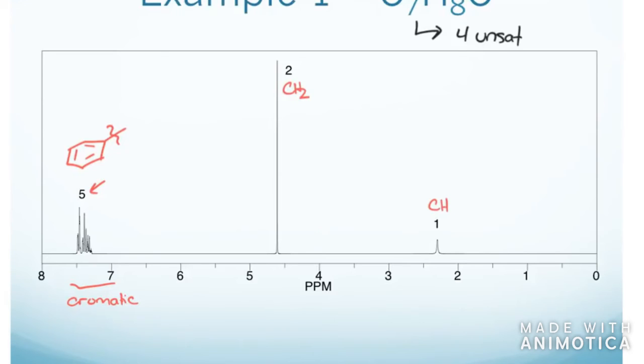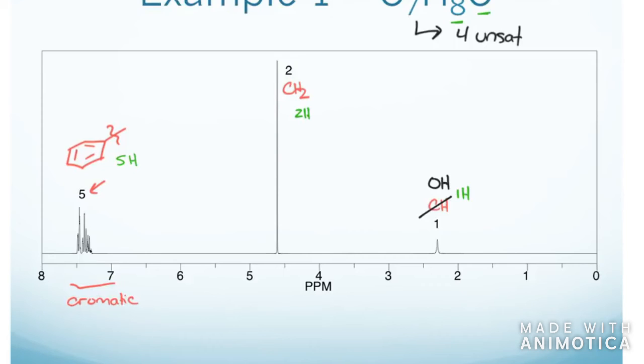Also, if we get our hydrogen count, we have 5 hydrogen, 2 hydrogen, 1 hydrogen. That gives us our 8. But we're still missing an oxygen. So, since we have too many carbons accounted for, what if instead of having a CH, we have an OH?